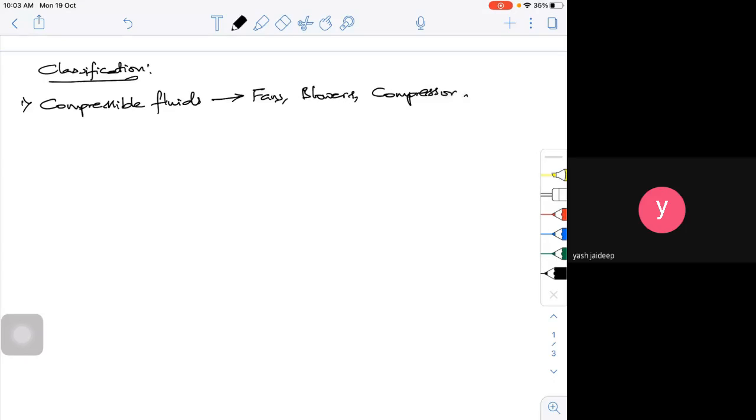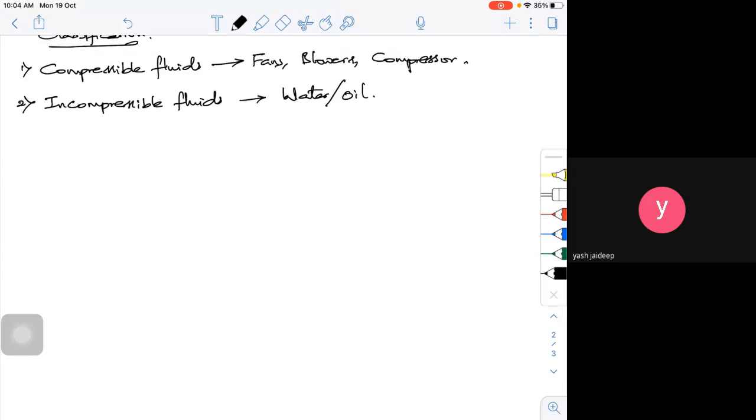If I try to handle incompressible fluids, I may end up with pumps, where the working fluid will be either water or oil or whatever it may be. So this is a major simple classification: compressible fluids on one side and incompressible fluids on the other side.